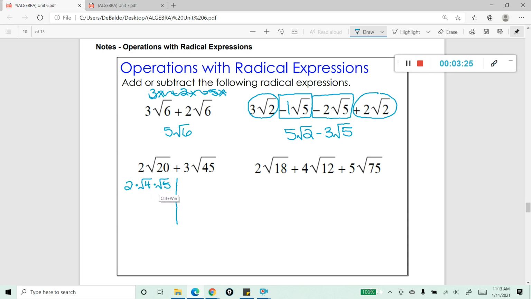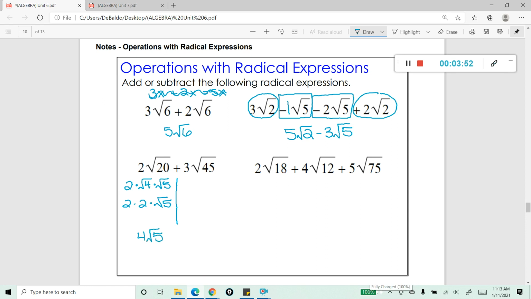We learned these simplifying techniques in a previous section with simplifying expressions, so feel free to take a glance at that again if you need to. I can simplify this by saying 2 times 2 root 5. Now that everything is broken up, I can combine those coefficients. So 2 times 2 is 4, leaving me with 4 root 5.